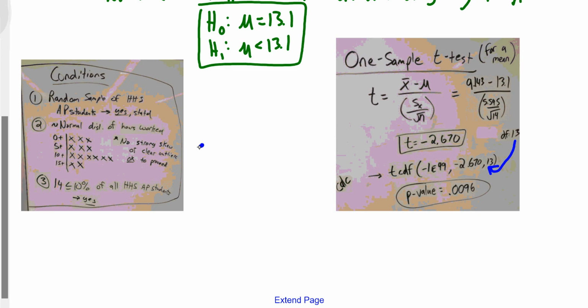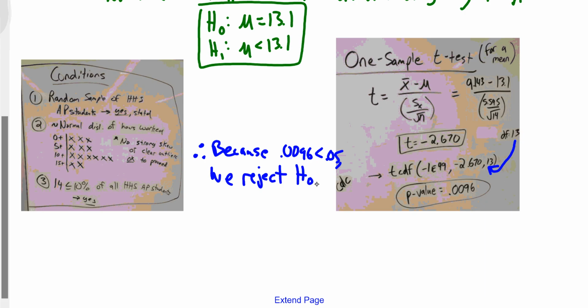And I'm going to say, based off of that, because 0.0096 is less than 0.05, which is our alpha value, we reject, or I'm going to reject, our hypothesis that it is equal to 13.1.